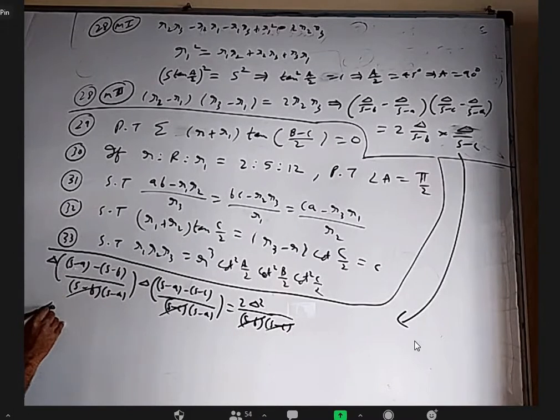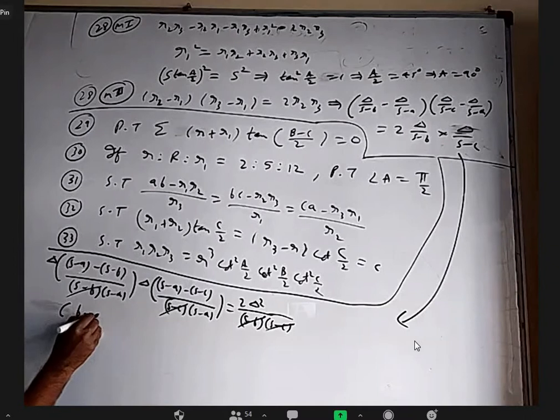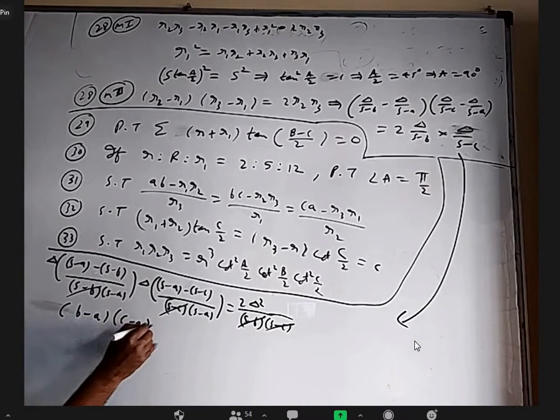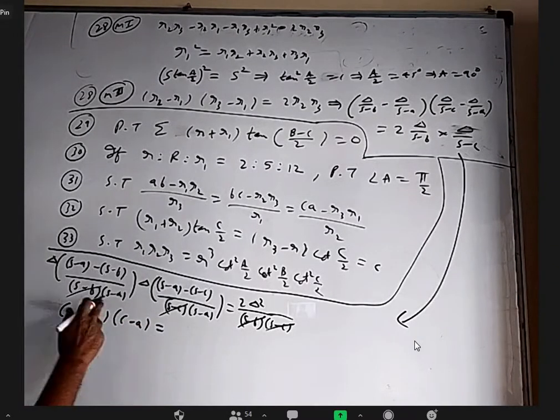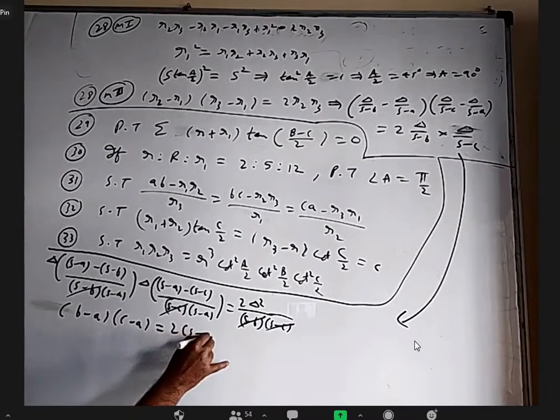Delta into delta square also will cancel. Here we are left with B minus A. Here C minus A. Here 2 into S minus A whole square.